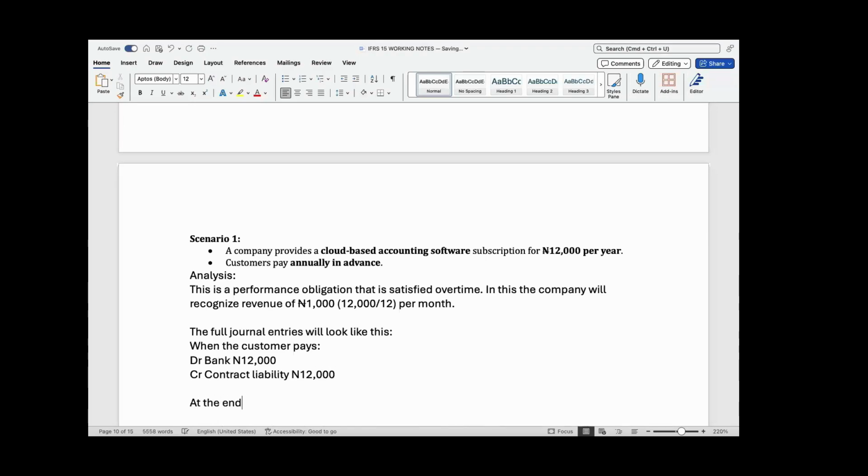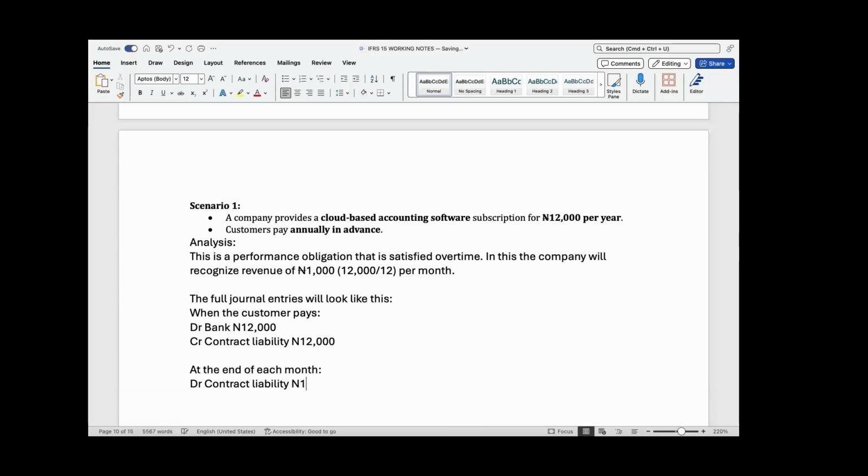At the end of each month, when we offer the service, we debit the contract liability with how much we are recognizing per month and credit revenue 1,000. This is what you do every month, like that.